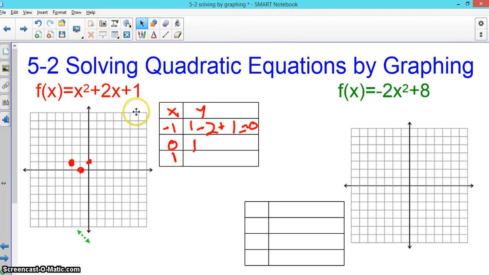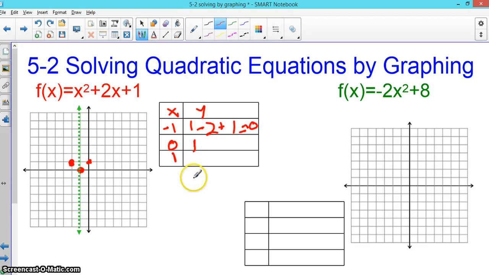You don't really have to if you understand what's going on. Once you know what's going on here, you only have to do one side: the vertex and a couple of points, and then the mirror images should also be on there.